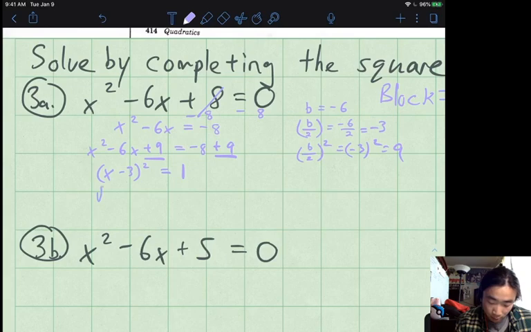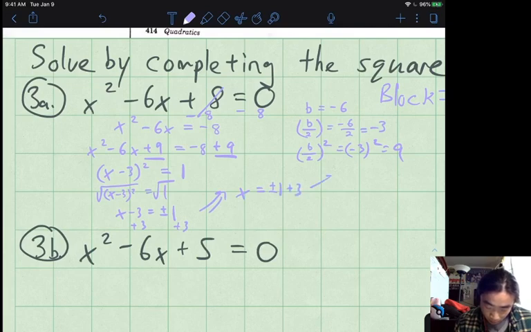Take the square root of both sides, because now we're solving for x. x minus 3 equals plus or minus 1. The square root of 1 is 1. Add 3 to both sides. So then x is equal to plus or minus 1 plus 3, which gives you positive 1 plus 3, which equals 4.